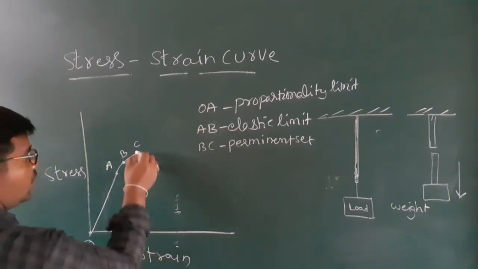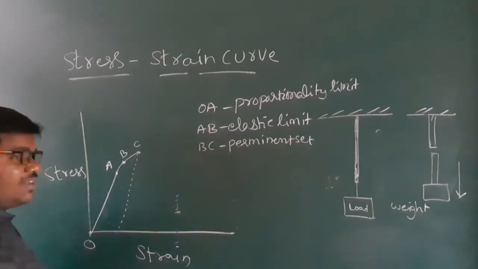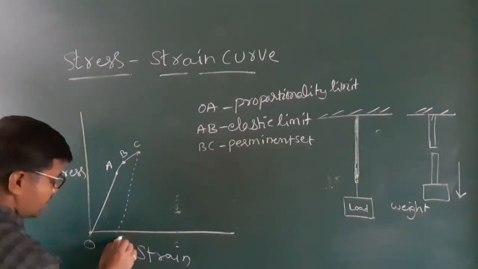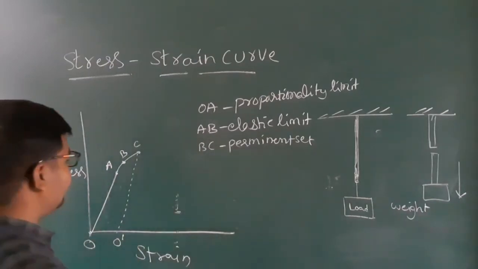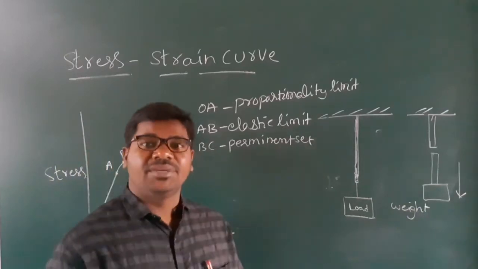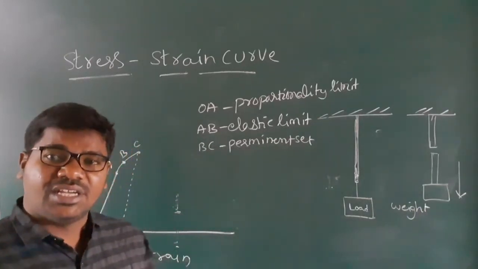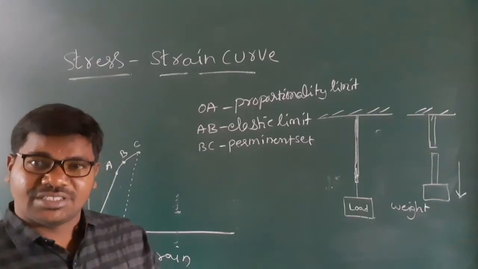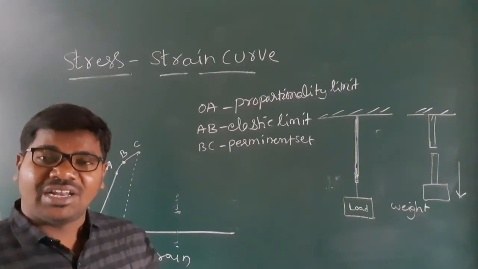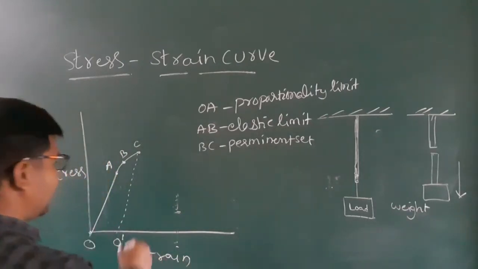If we remove the load, the body will not regain its original shape and size. After getting C, if we remove that weight, it will not regain its original shape and size. Like an elastic rubber that has been stretched, it will not regain its original shape and size. We call this plasticity.